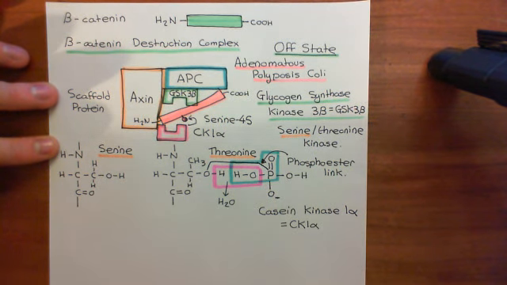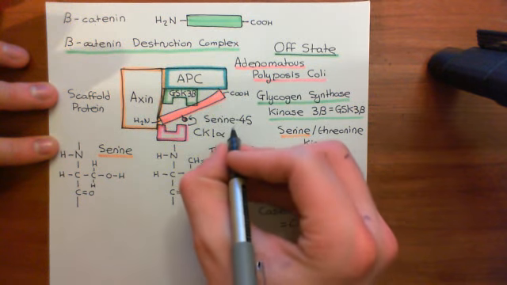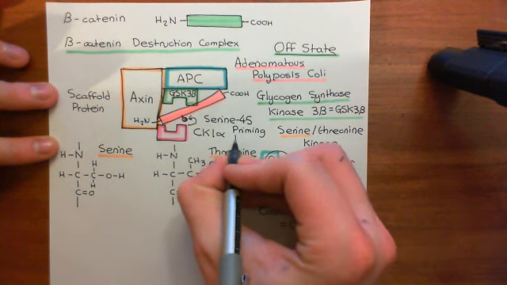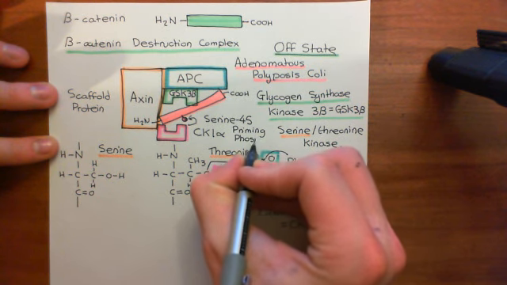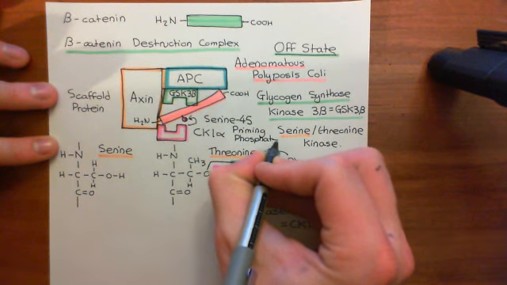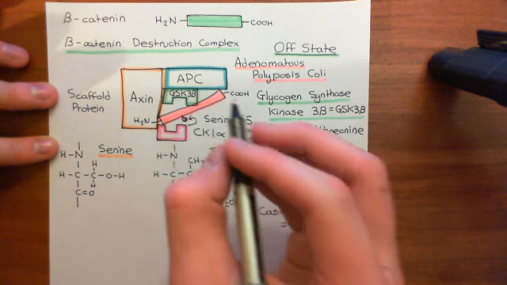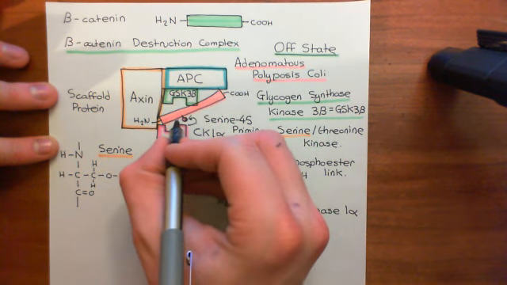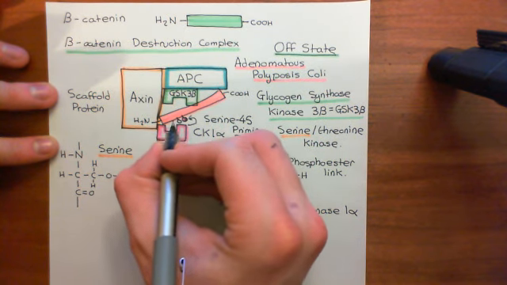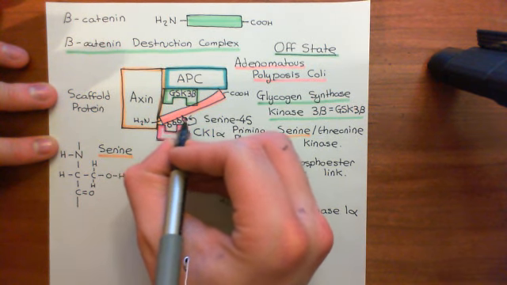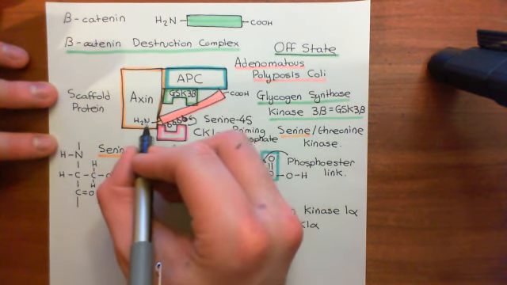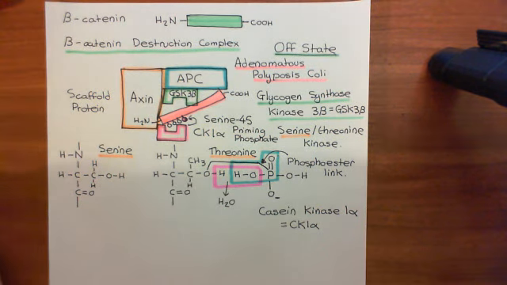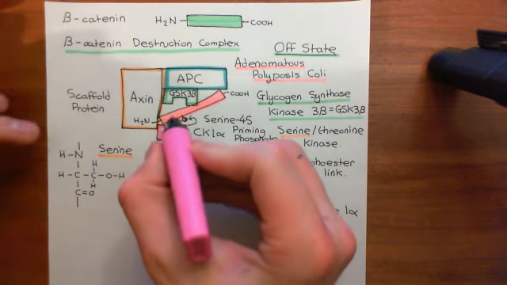Now, that's what's known as the priming phosphate group. This primes the beta-catenin now to be phosphorylated by the glycogen synthase kinase 3 beta, and glycogen synthase kinase 3 beta is now going to phosphorylate 3 different phosphorylation sites, which are all upstream, so closer to the amino terminus of the polypeptide than this phosphorylation site that was originally phosphorylated by casein kinase 1 alpha.